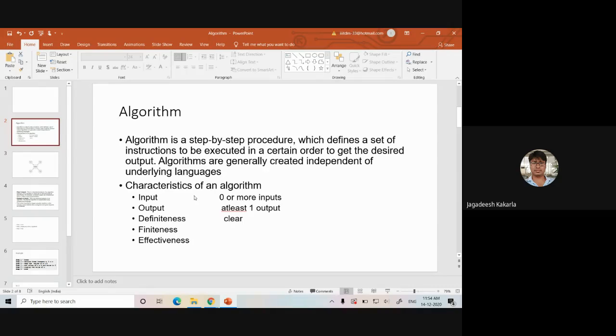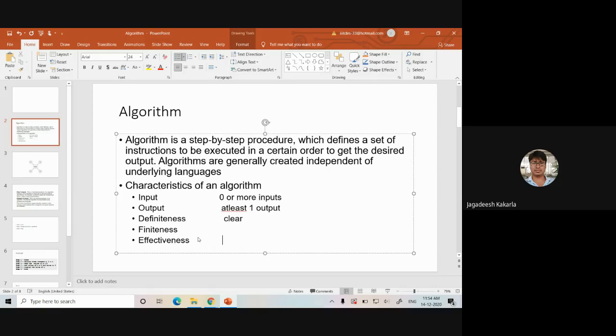Okay. Now effectiveness. Effectiveness means each instruction is required to execute. Suppose let's take that your mother has asked you to purchase the vegetables. She has given you some 200 rupees.